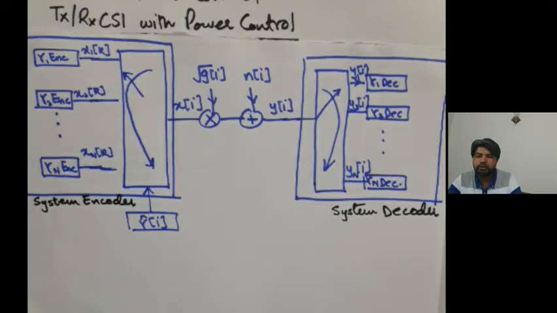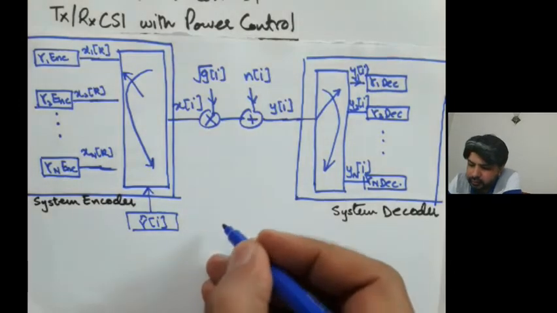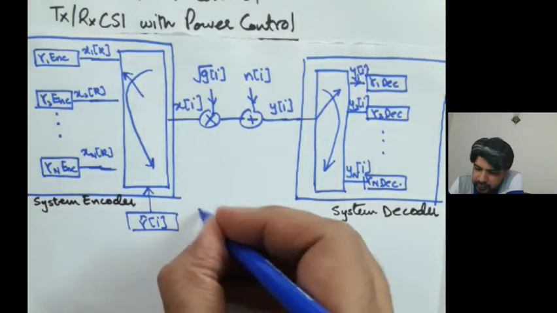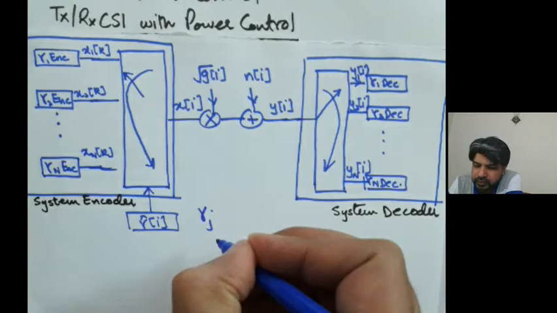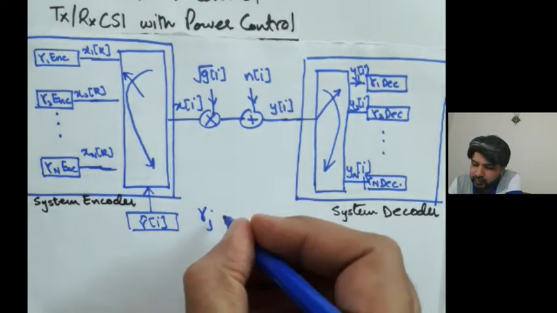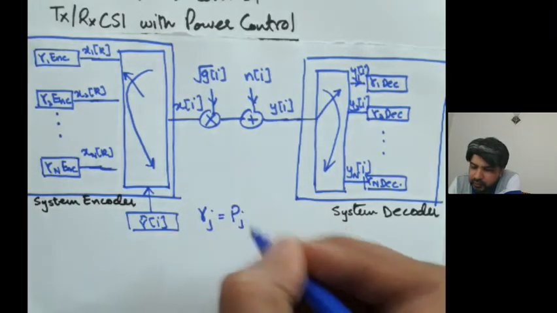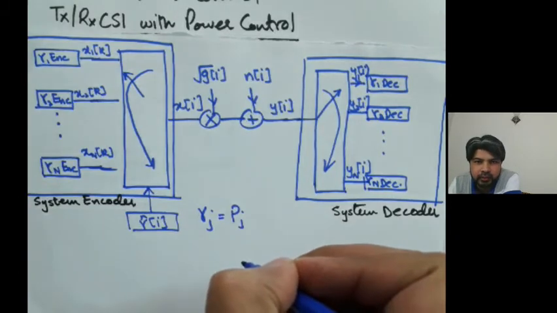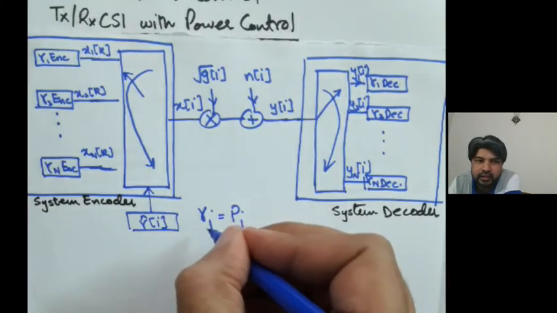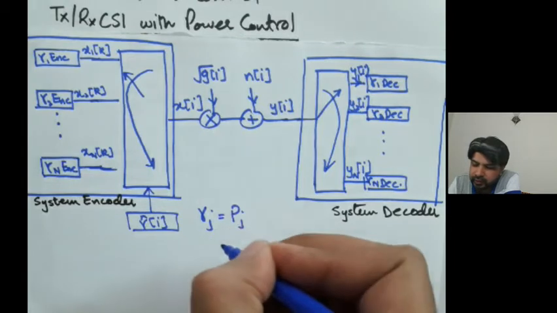and in order to carry out the power control, what would happen is we would define gamma j. Suppose gamma j is our current state, and we can carry out the power control as well. So suppose Pj is the transmitted signal's power when the channel is in the state gamma j.